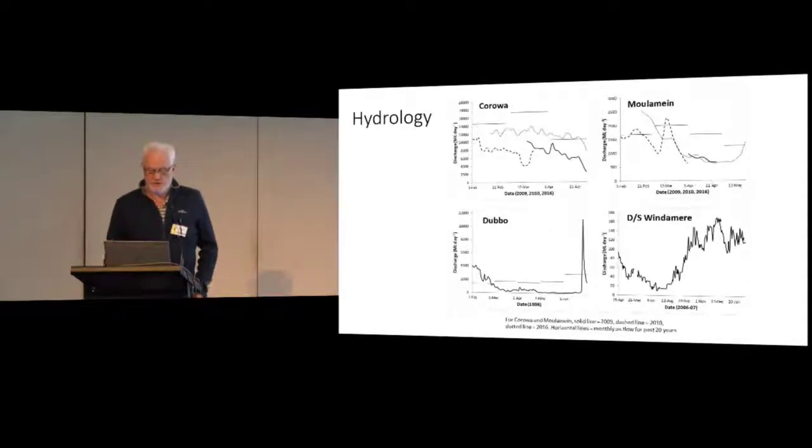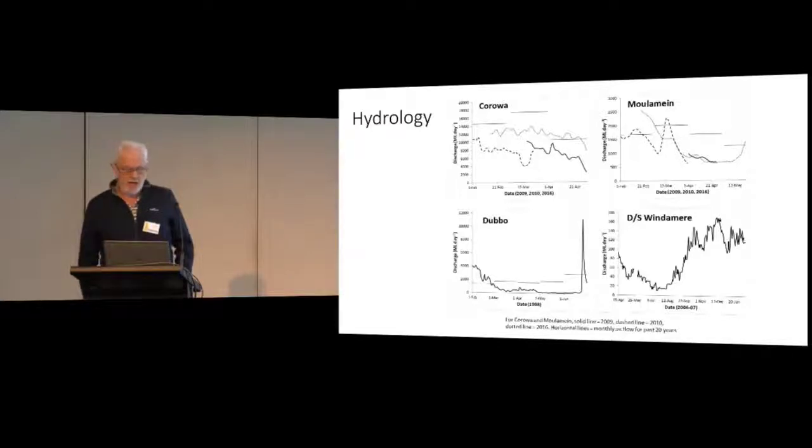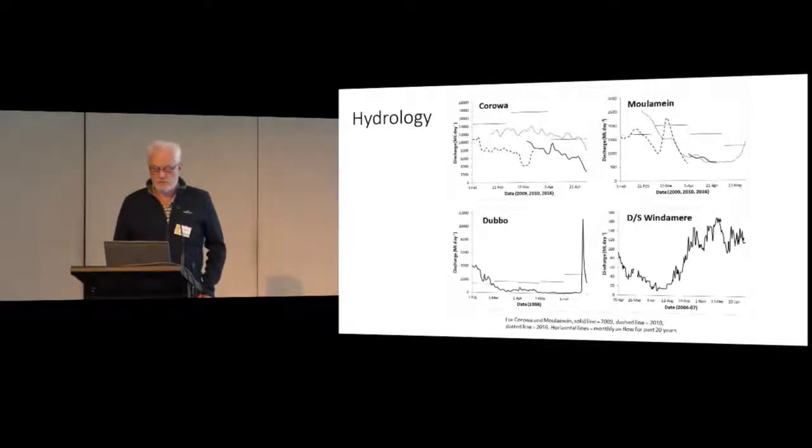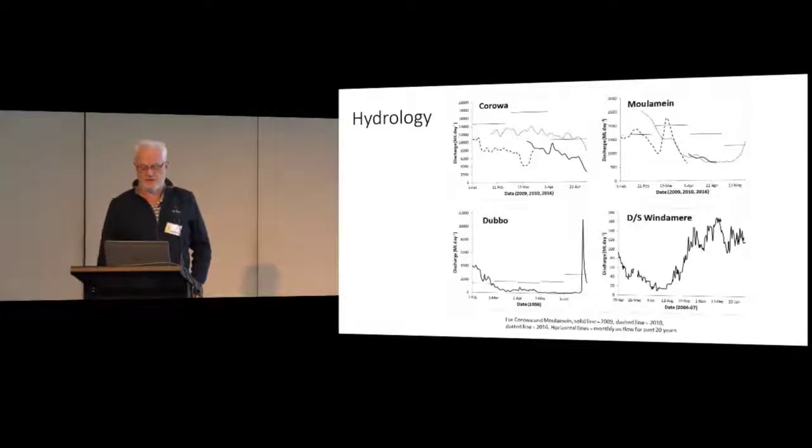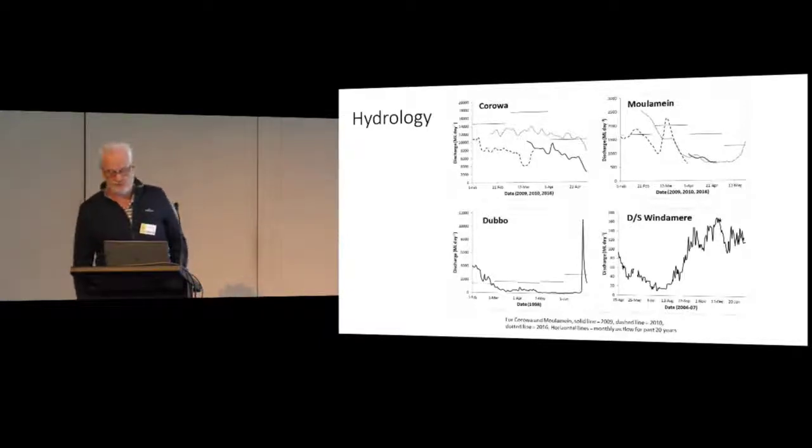In terms of hydrology, the blooms always occurred during periods of low flow, in particular those in the Murray, the Edward and the Macquarie rivers. So these show the hydrographs in the Murray and Edward rivers in the 2009, 2010, 2016 blooms, and you can see the horizontal lines are the average monthly flows for the previous 20 years.